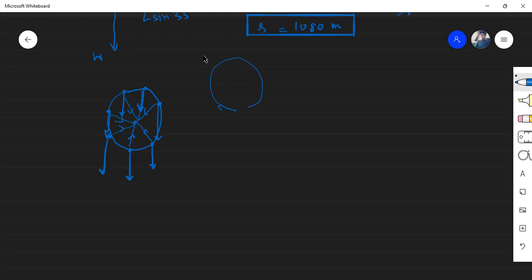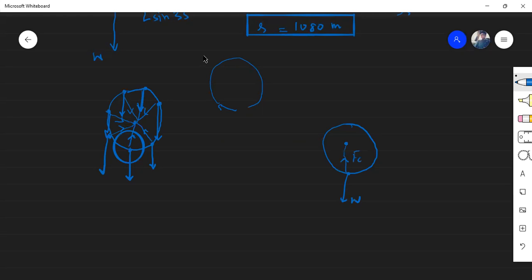So let's just consider the plane at this point. The weight is downwards, and the plane is still moving in circular motion. So this is the centripetal force that's causing the plane to move in the circle.